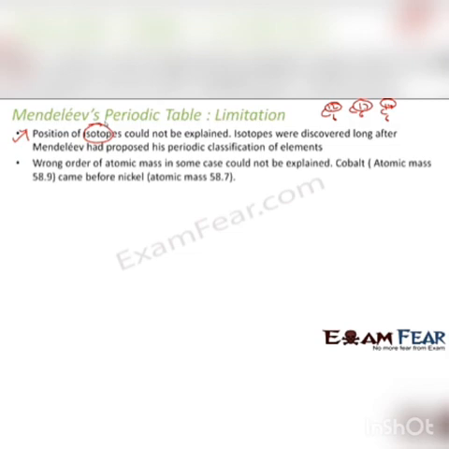For example, cobalt was 58.9, it came before nickel, and nickel is 58.7. There was a debate on why it is happening like this, though it was only a 0.2 difference. Generally it should be first will come, then second, then third, right? It should not be the other way. So the wrong atomic mass order was not explained at that time, right?